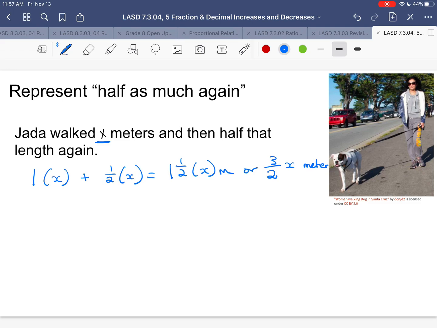And if we want to write that with decimals, we'd have 1 times x, plus 0.5 for the half as much again, equals 1.5x meters.